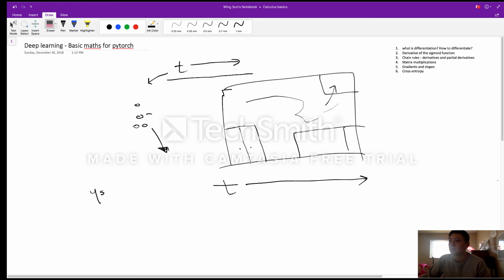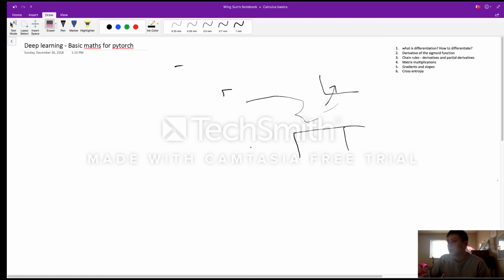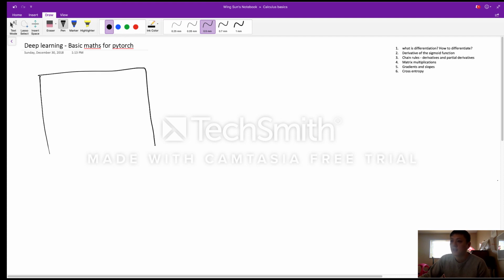Now, cross entropy is a very interesting subject, because it tells you, let's just look at an example. Let's say you have a classification model. I'm not going to go into details on how you do that, because it's in the lecture notes.